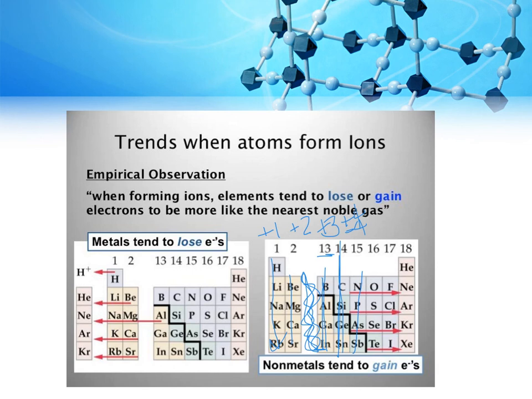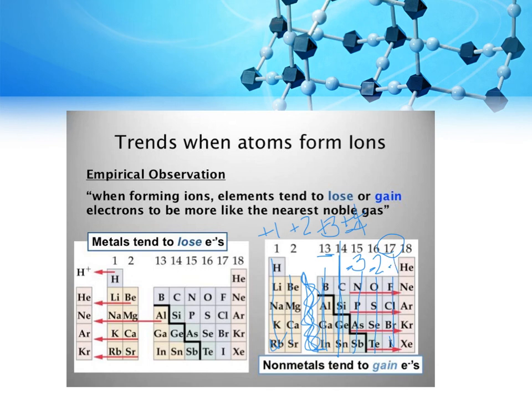So the nitrogen group gains 3 electrons and ends up with a charge of -3 when they become ions. Oxygen, as I said before, gains 2 electrons, and so all the elements in that group end up with a charge of -2 when they become ions. The halogens, group 7A in the old numbering system, or 17 in the new one, gain 1 electron and end up with charges of -1.